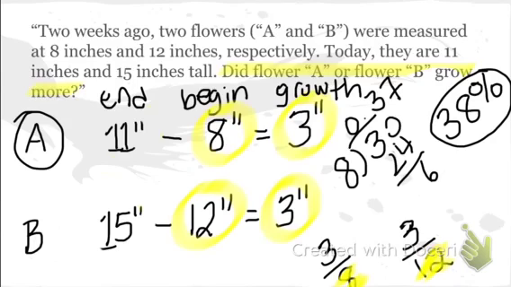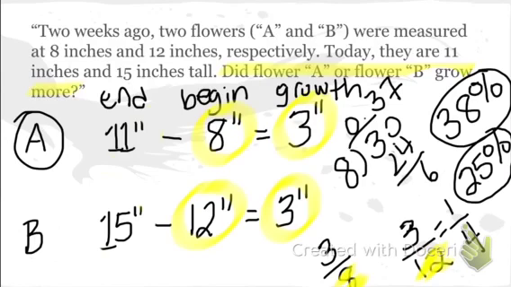And then if I look at 3/12, hopefully you can see that also as 1/4. It's an equivalent fraction there, and 1/4 is 25%. 1 divided by 4, 3 divided by 12. So B grew 25%. So in terms of proportionality, A, in fact, grew more. Did anyone think of that?